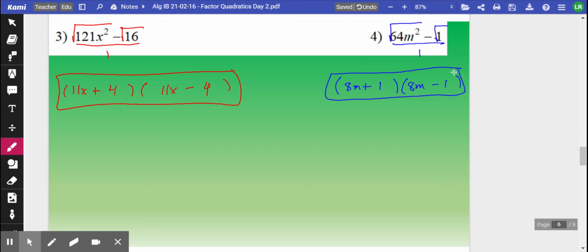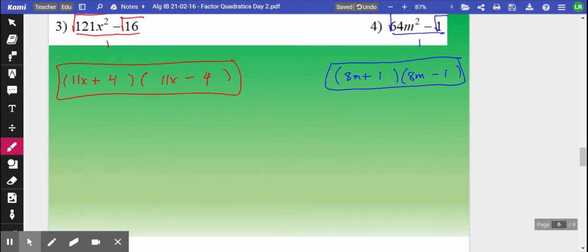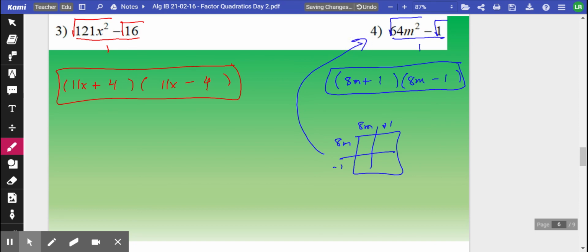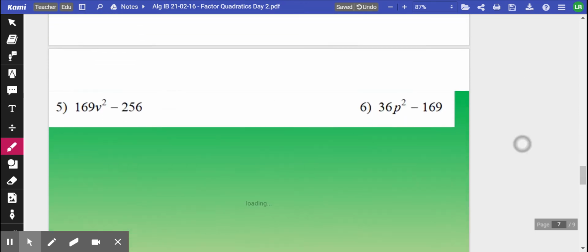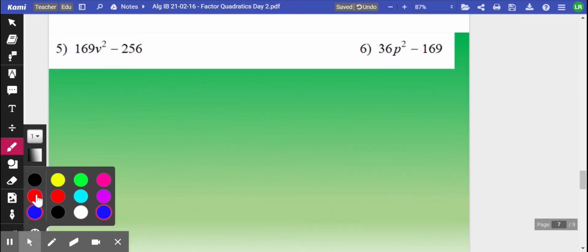Okay. And if you did decide you wanted to double check and see if it actually did work, if you made your 2x2 box, and you put your answer on the outside, it should end up giving you what you started with. Okay. I want you to go ahead and pause the video and try to do these two.